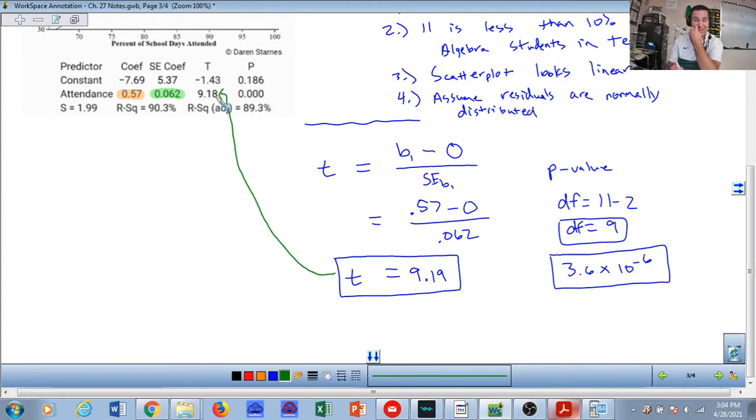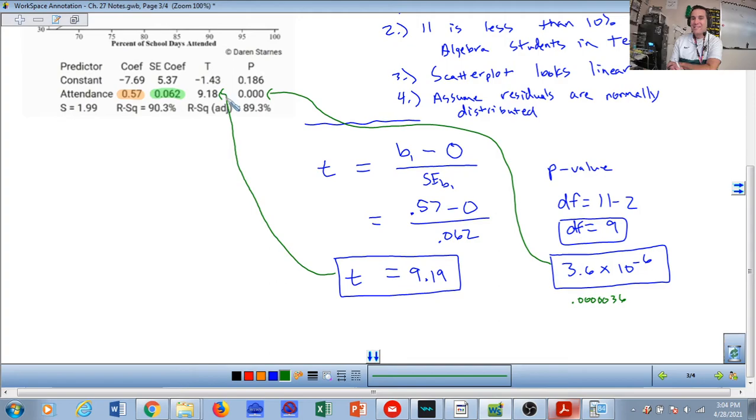They let the computer do it for you. That's the test statistic, and that is the p-value. There should have been a number there, but it was so small they wrote 0, because it's like 0.00005 zeros and then 36. So it's super small, and they didn't write it there, but it should have been there if it wasn't as small.